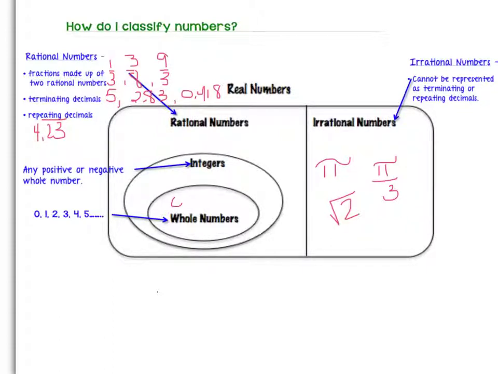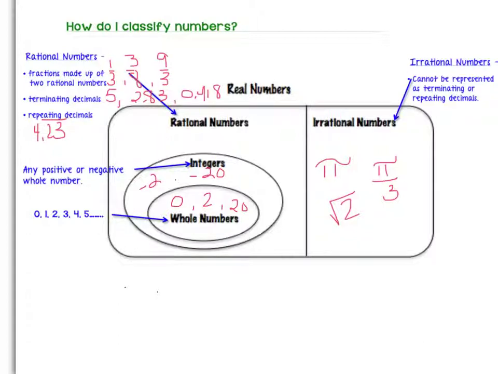So I'm just going to place a 0 in here, a 2, and 20. Okay, those are our whole numbers. The difference between whole numbers and integers is that an integer is like a whole number, meaning that it's not a fraction, but it can also be a negative. So I've got -2, -20, and so forth.